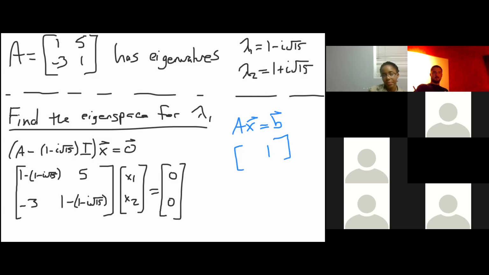It starts with an A. Augmented. Augmented matrix. What do we do to that augmented matrix to find the solution? We row reduce it. Yeah. We row reduce it. Same thing is going to happen here.